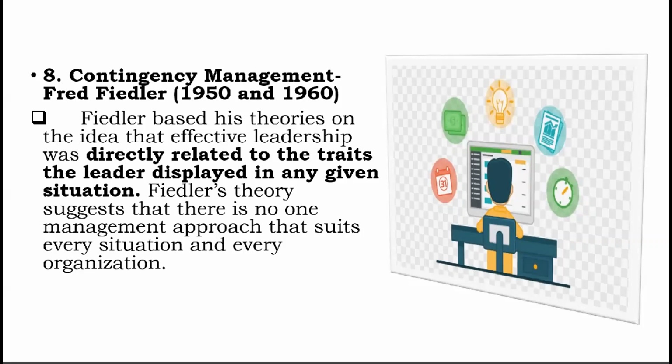And the leadership at all levels of the business. Okay, nasa Zoom chat po, so these are all the 3 general variables po na dinidetermine natin. Okay, again, the size of the organization, the technology employed, and the leadership at all levels of the business.